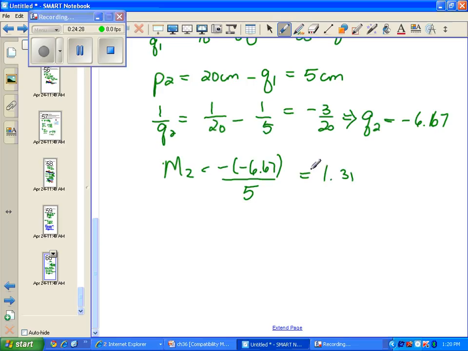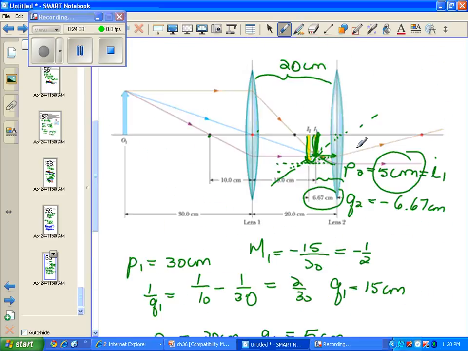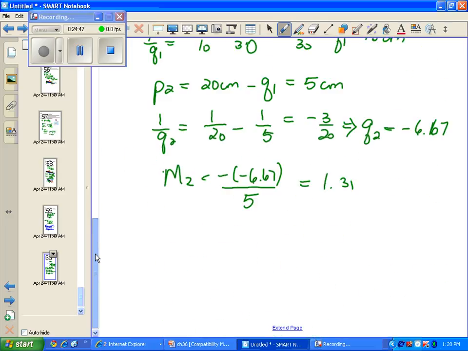Well, that tells us that the image formed by lens 2 is upright with respect to the object, but don't forget that the object itself in front of lens 2 was upside down, so the image is also upside down, so these are upright with respect to each other.